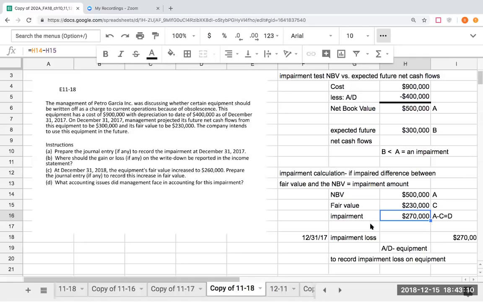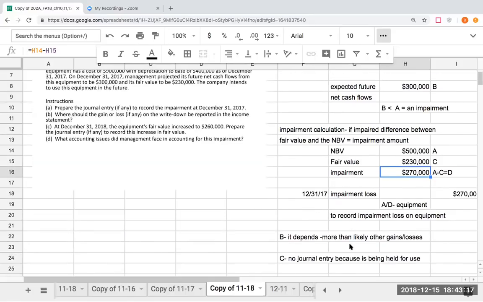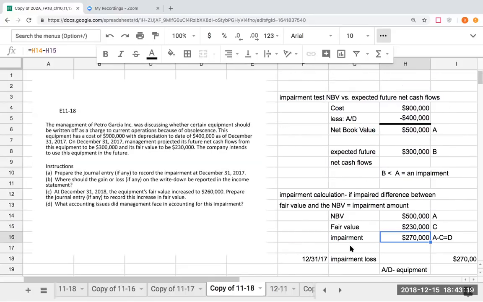That would be divided by the useful life, or whatever the salvage value might be, to depreciate. We would depreciate it in this case because we're actually using the asset.